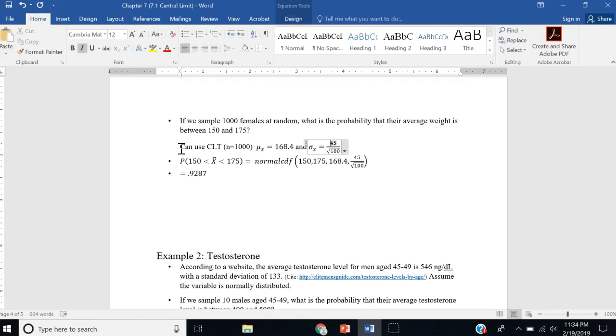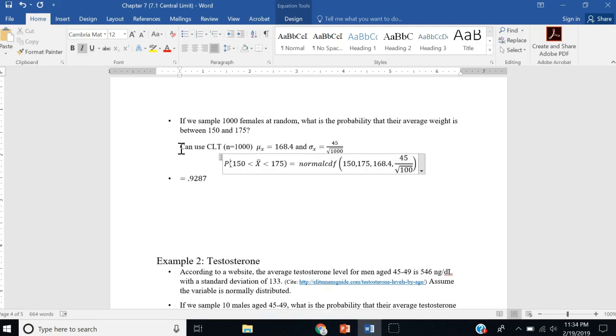My standard deviation for the samples will be 45 divided by the square root of 1,000. When I go to find the probability of my sample having an average between 150 and 175: lower bound 150, upper bound 175, average 168.4, and standard deviation 45 divided by the square root of 1,000.